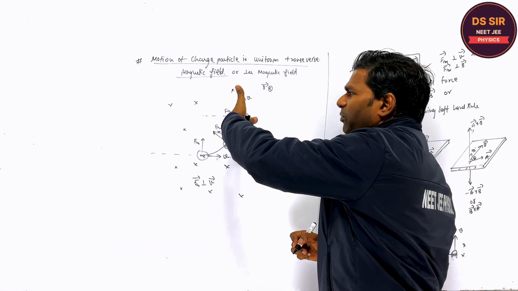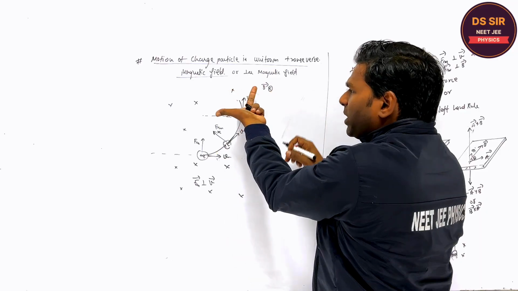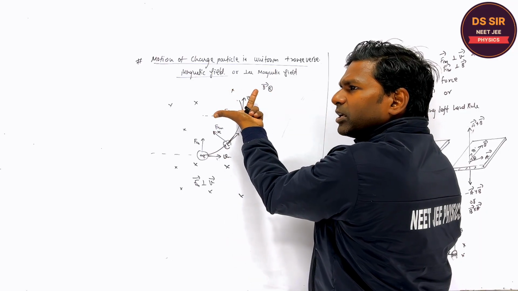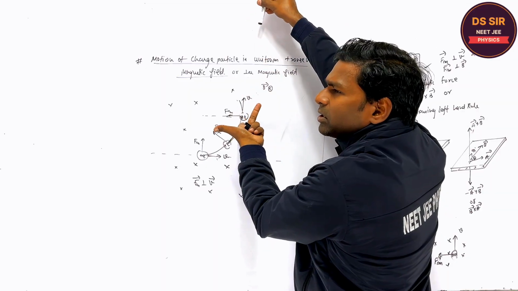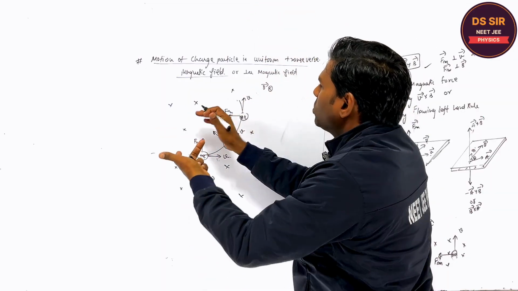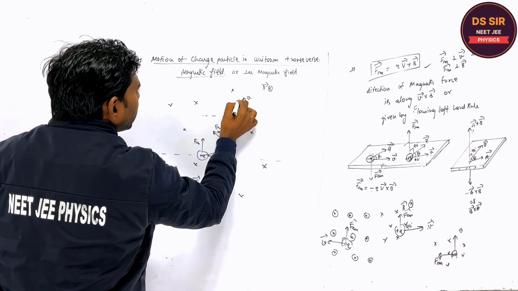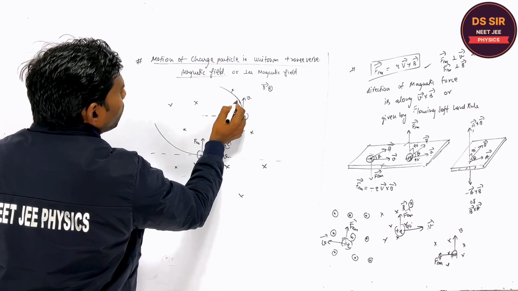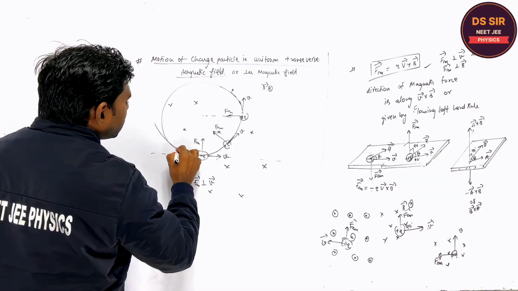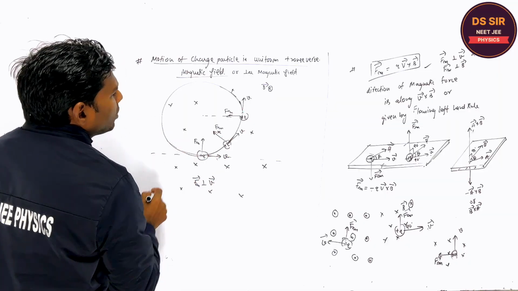Magnetic field, velocity and magnetic force. Are you getting? So if the magnetic force were not there, it must go in a straight line, but because of this force it deviates again. So here it deviates like this, so it starts performing circular motion in this circle. Is it clear or not?